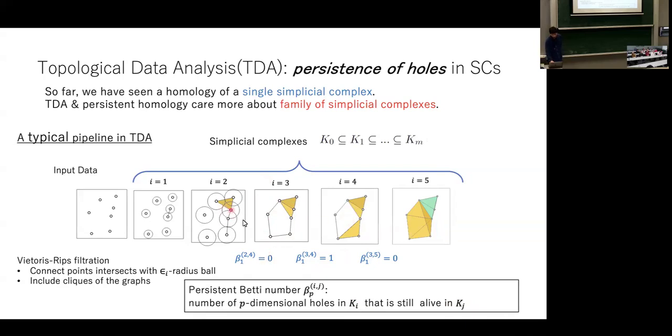But if you look at 2 and 4, at time 2 the hole does not exist, so the persistent Betti number is 0. And if you look at 3 and 5, the hole is filled by triangles, so the persistent Betti number is 0.